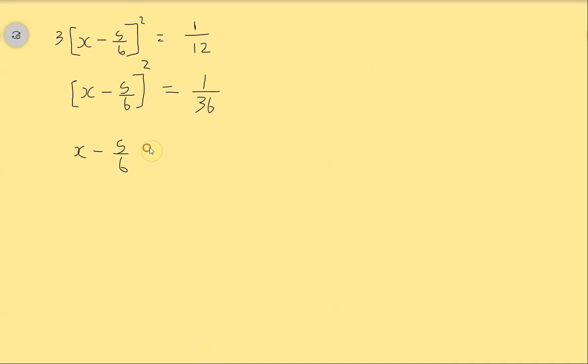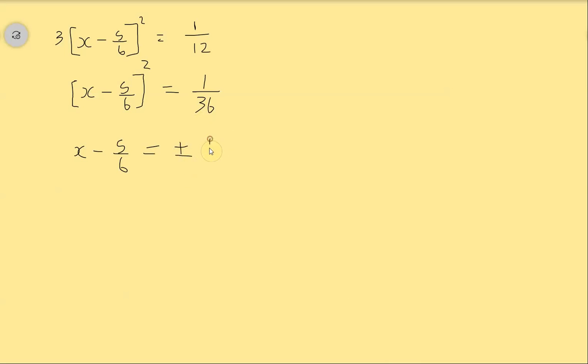Square root both sides. If you square root both sides, then you would get, and if you can recall, if you square root a fraction, that's just the square root of the numerator upon the square root of the denominator, which the square root of 1 is 1 and the square root of 36 is 6. And of course, remember now that it should be a plus or minus.